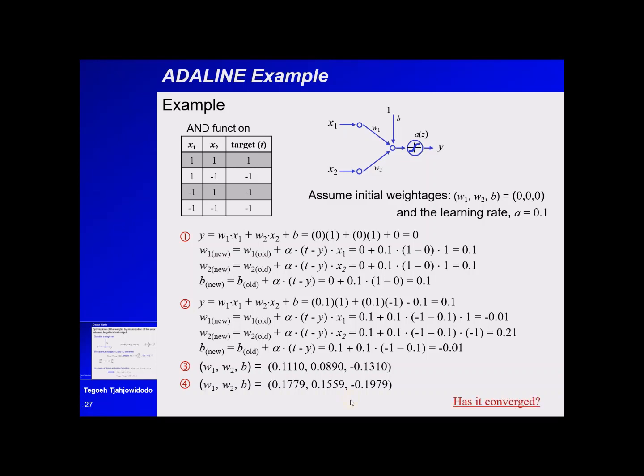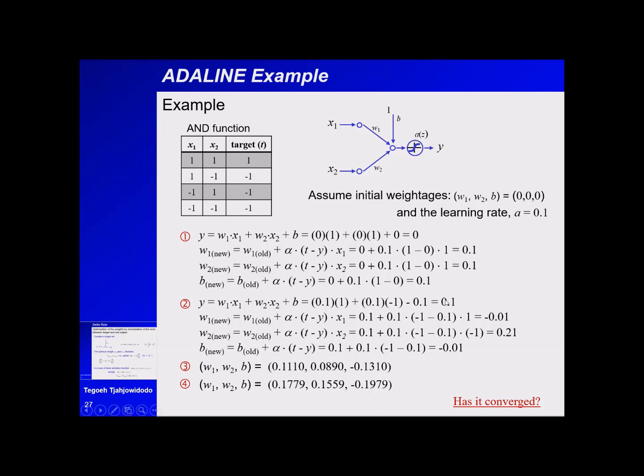How to check it? You just have to use all of these four data sets to check whether, if we are using these weightages, we will get a consistent output with the target. Of course, the output of this network that you have to compare to the target is the output after the activation function.